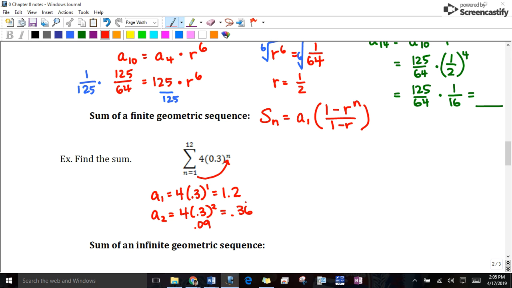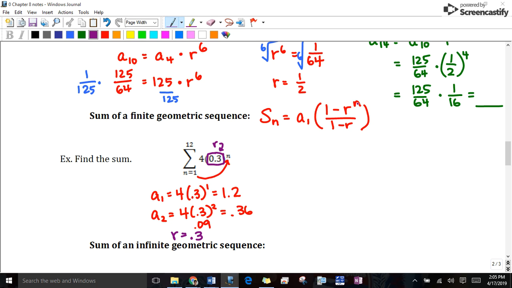And then I could say, okay, what am I multiplying by? But the easiest way to do this is just to look at the pattern. This thing right here, that's your r, because that's what we are raising to the power each time. It will not always work out that the first thing is A1. You'll see that here. But the number that's being raised to the power is your r. So I'm just going to jump to that and say that r is 0.3.